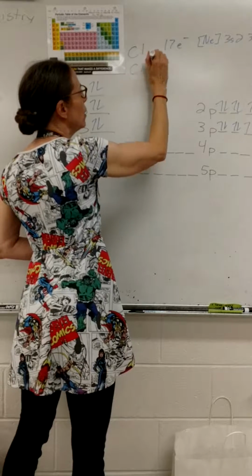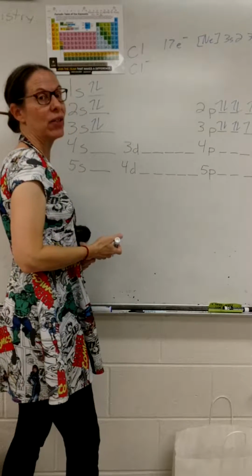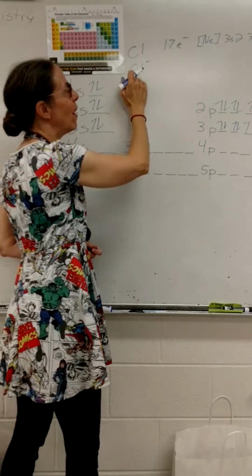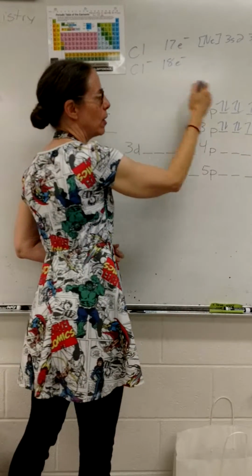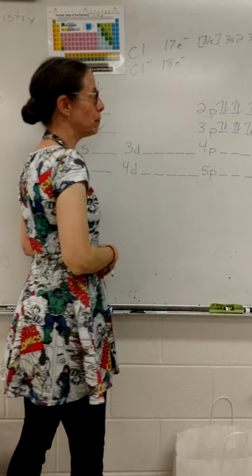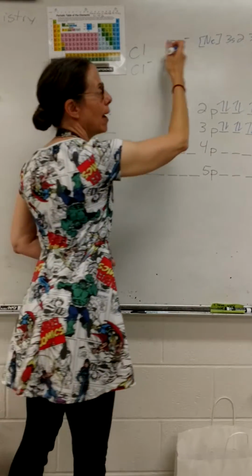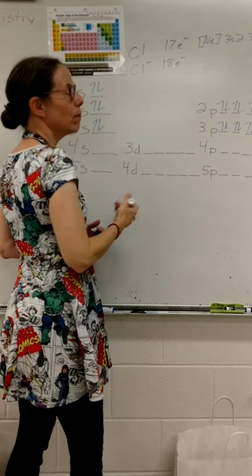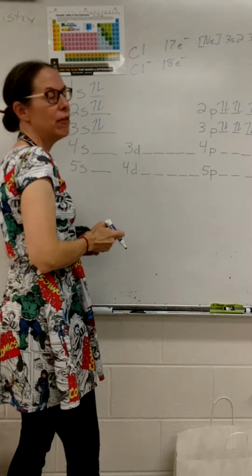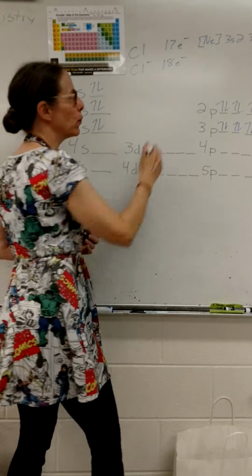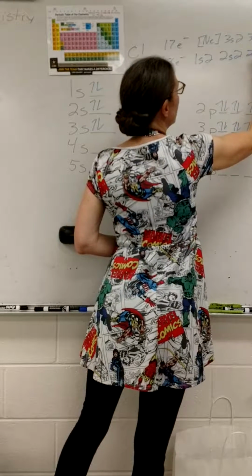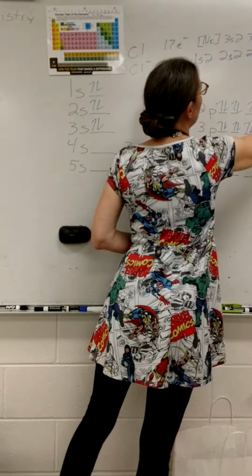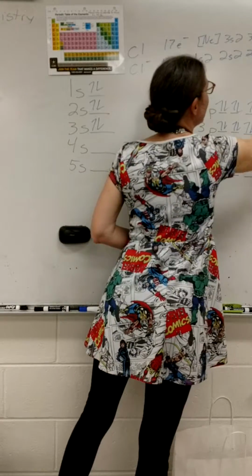So we can do an orbital diagram and an electron configuration for the chlorine ion. It has stolen 1 more electron. So we're going to fill that in. Now, I could write out the full configuration, or I could do the noble gas configuration. Let's do the full first. 1s2, 2s2, 2p6, 3s2, 3p6.